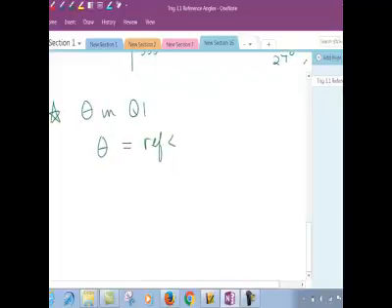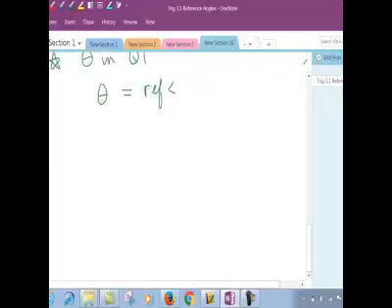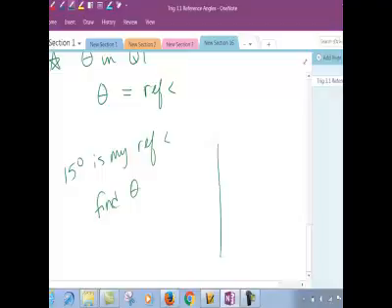Now I'd like to work backwards and say, what if 15 degrees is my reference angle? Find theta. What I want you to think about is a 15-degree reference angle in all four quadrants, and thus we talk about the bow tie.